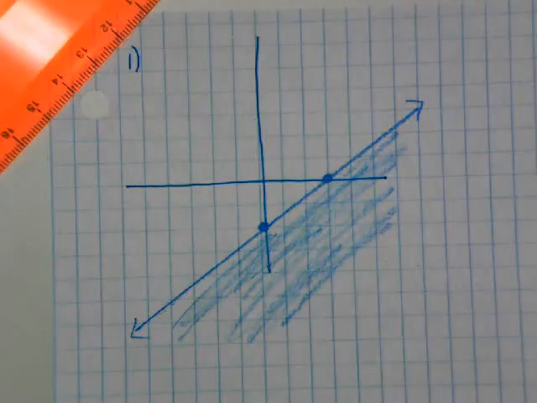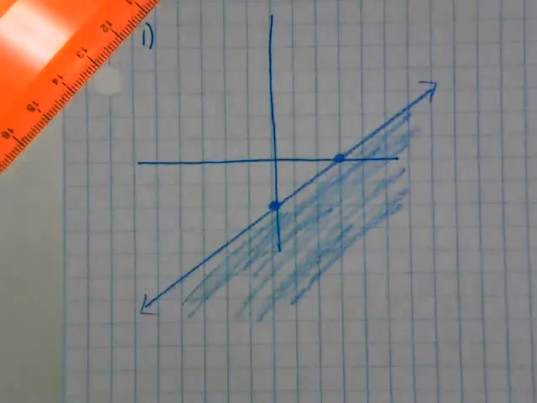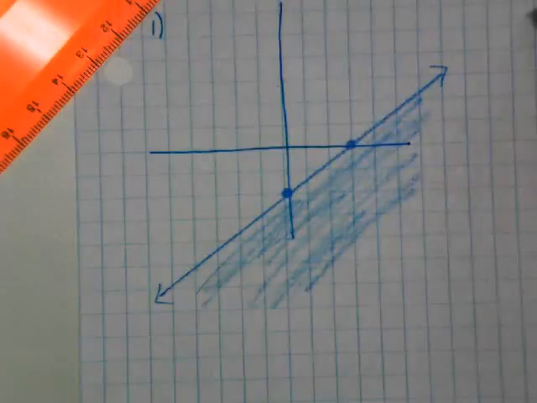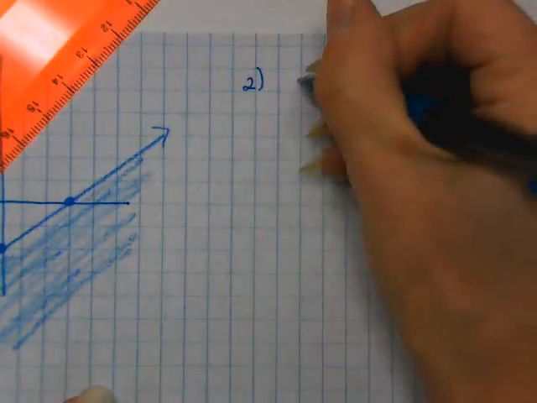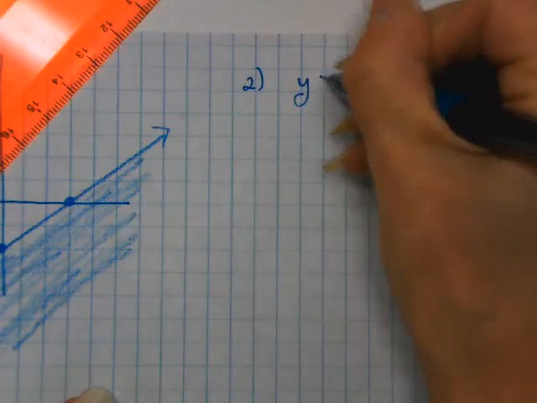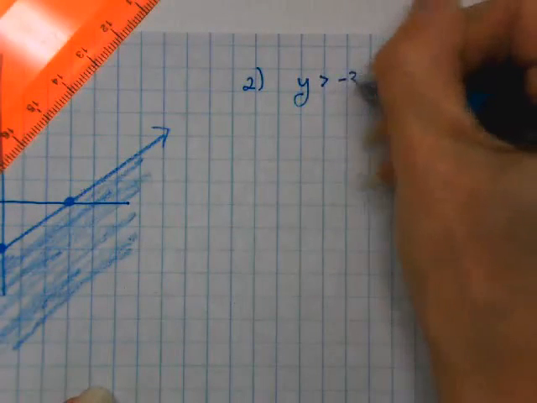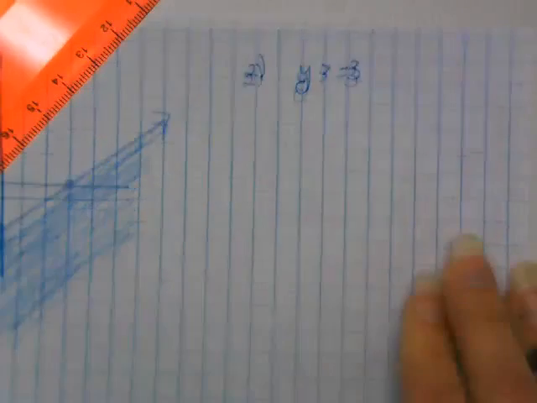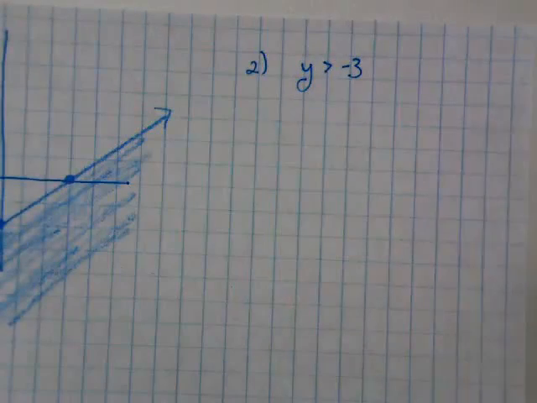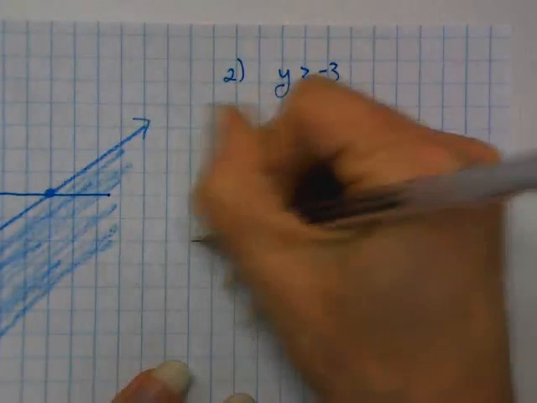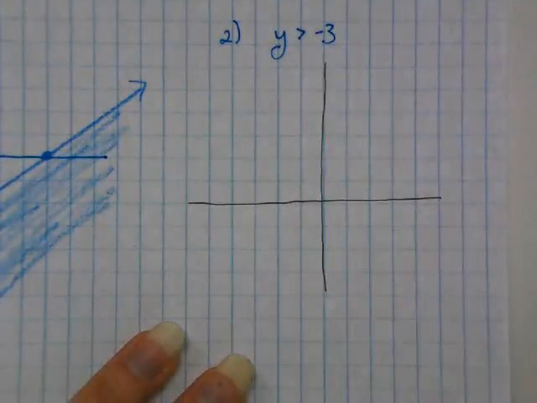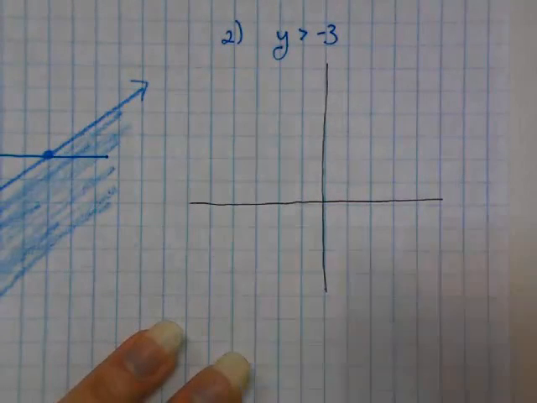Let's do one more. I'm going to stay on my graph paper, and let's say I asked you to graph y is greater than negative 3. Again, let's draw our axes. So I have y is greater than negative 3, so you go to negative 3 on the y-axis.